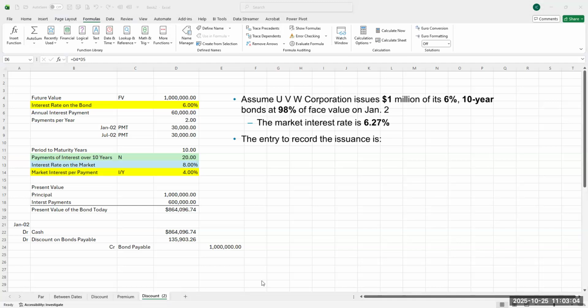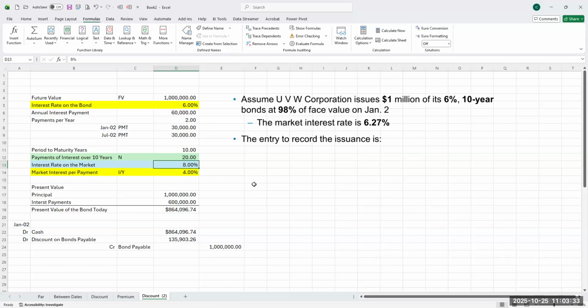Yes, 2 times, so there's no change in the interest payments: January 2nd and July 2nd. Now the periods are 10 years, but we have to pay that interest 20 times.